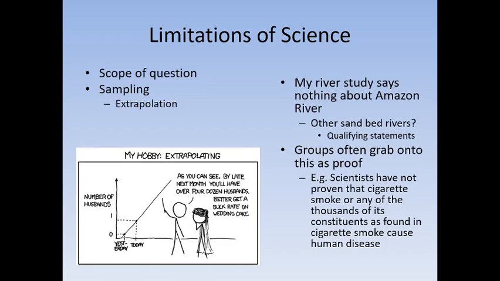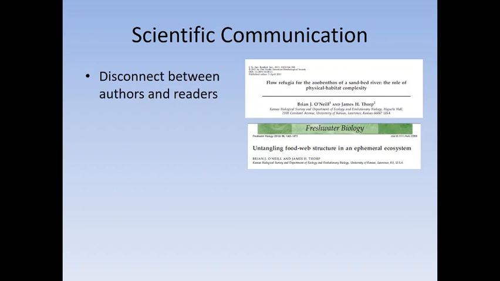So let's go back to my graduate work in Kansas. What I was doing, I wrote 2 journal articles, one in the Journal of the North American Benthological Society entitled Flora Refugia for the Zoobenthos of a Sandbed River and the Role of Habitat Complexity.